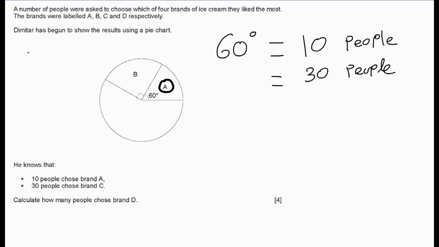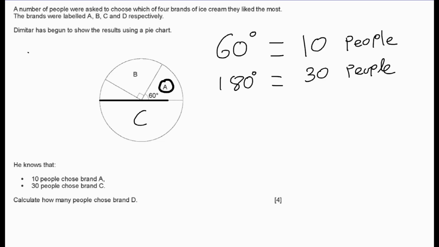I need to multiply both sides by 3. So brand C takes up 180 degrees of the pie chart. So I'll just sketch that on. So that is brand C taking up 180 degrees, exactly half.